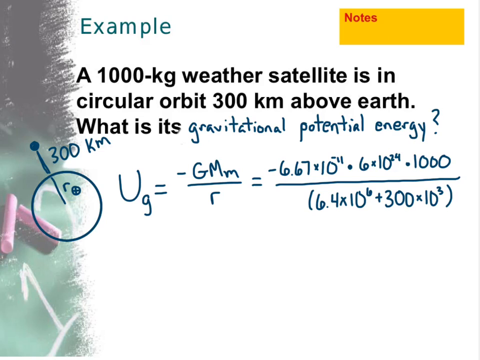Let's see if I have enough space to fit this in. We have the radius of the Earth, let me back that up, radius of the Earth, plus 300 extra kilometers. That's what this is on the bottom.